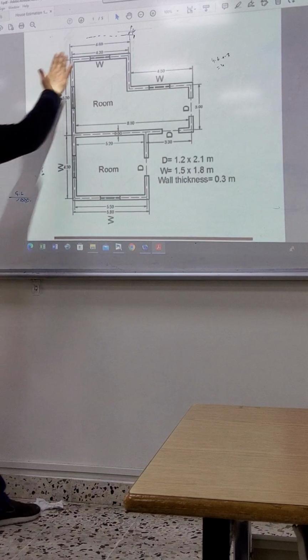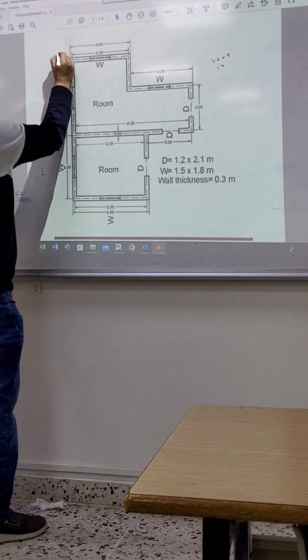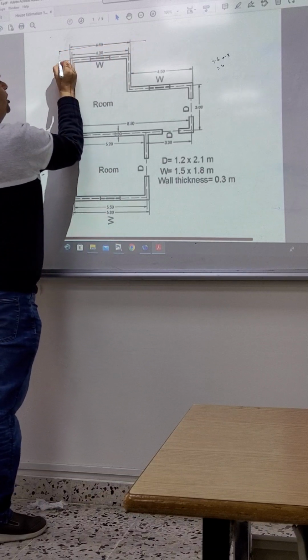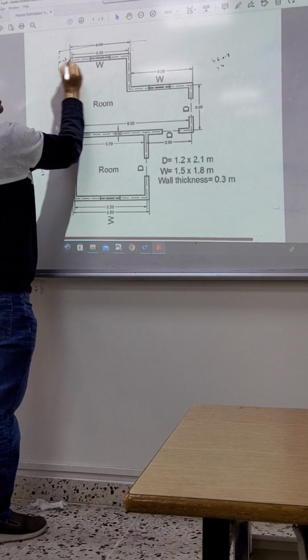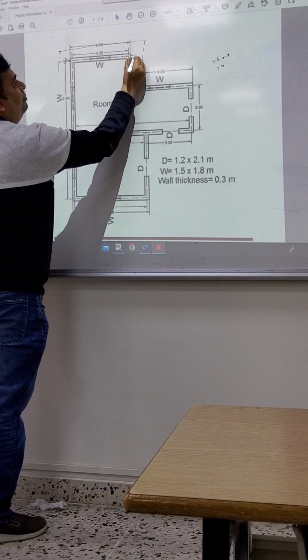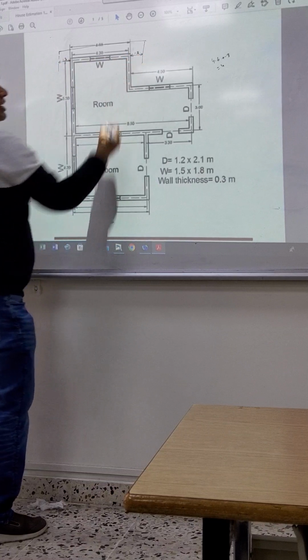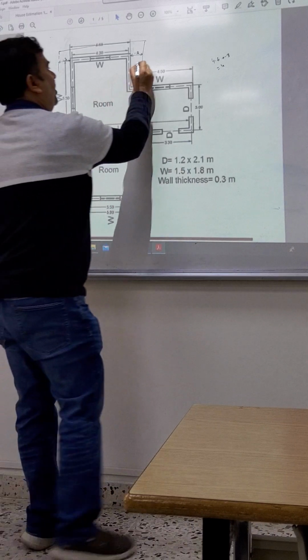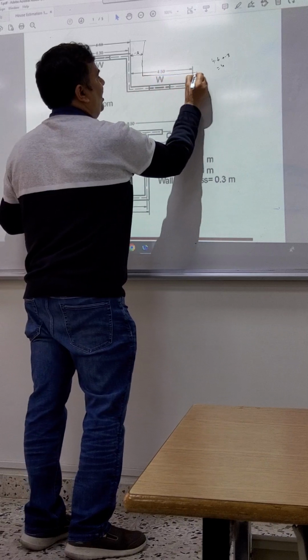So the RCC roof is like this. It is given here, 0.3 projection here and 0.3 projection here. Clear or not? So just go here, the roof will be like this.